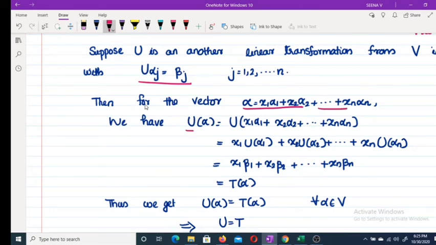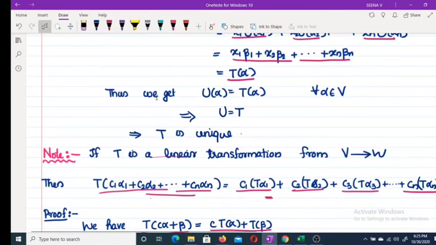Therefore U alpha is this one. But U is a linear transformation which satisfies this condition. Therefore you can write like this, and this is equal to x1 beta 1 plus x2 beta 2 plus etc. plus xn beta n, which is the same as T alpha. Therefore U alpha equal to T alpha for every alpha belongs to V. This implies U equal to T.